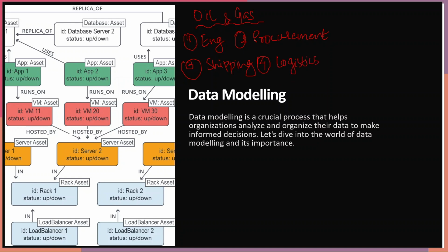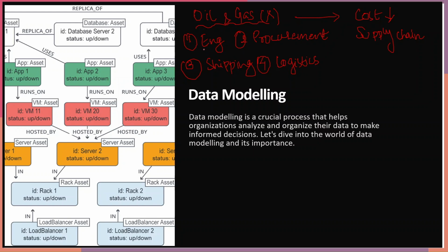Okay, so this particular business has four different teams or four different verticals, right? Now let's say this company, some X company which deals with oil and gas, comes up with a business requirement that they want to reduce their cost in the supply chain. Now this company wants to reduce its cost in the supply chain, and they have this engineering division, procurement division, shipping division, logistics division, right?